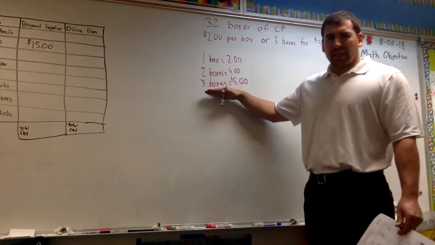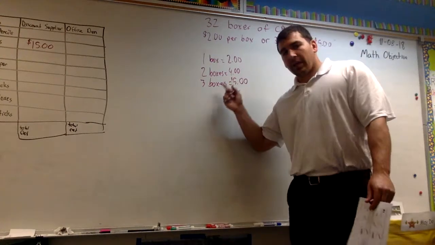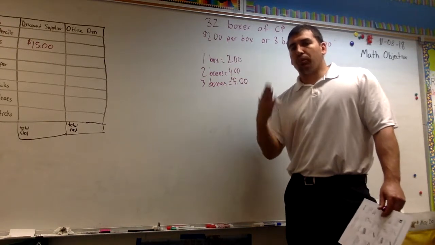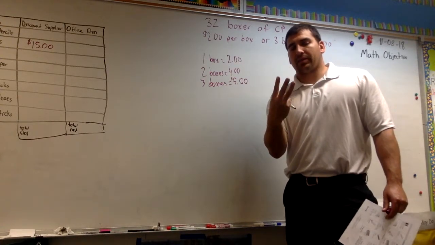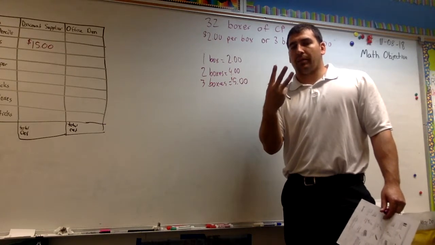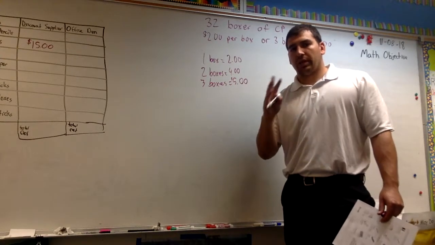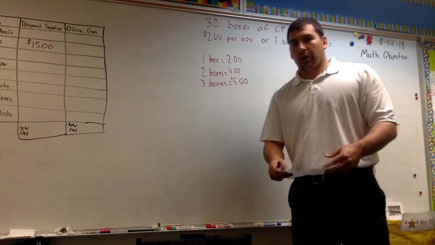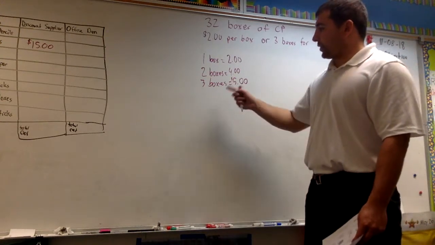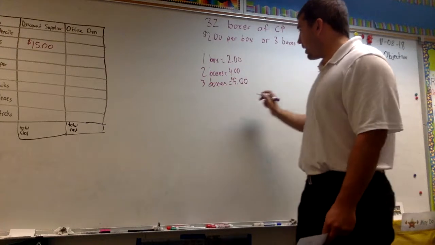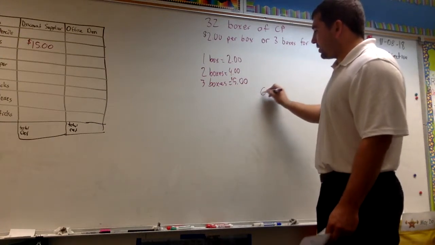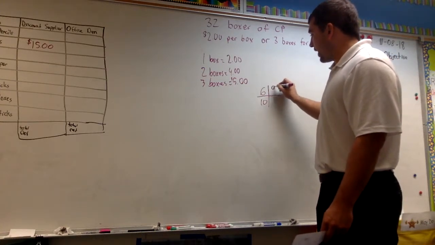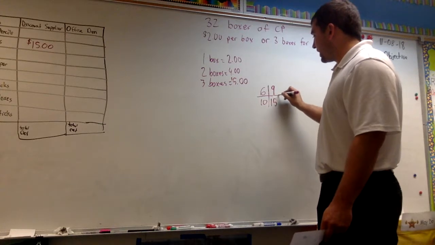Well, let's think. I want you to think about this. I'm going to have you pause in a minute. If you need 32 boxes, how many times could you buy a set of 3 boxes? So pause it and think about that. All right. So you could buy 3 boxes once, and it's going to be $5. Or if you did it again, that means you had 6 boxes for $10. 9 boxes would be $15.